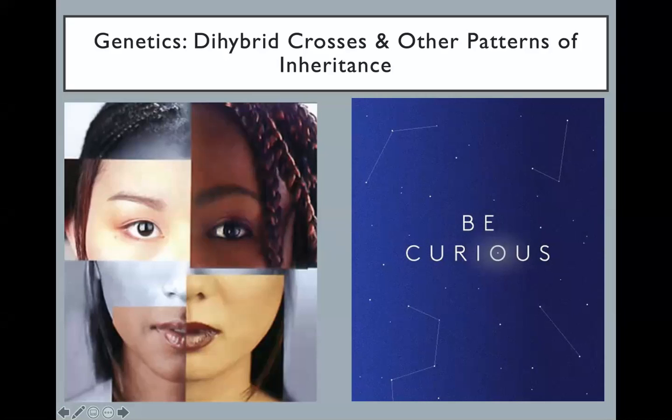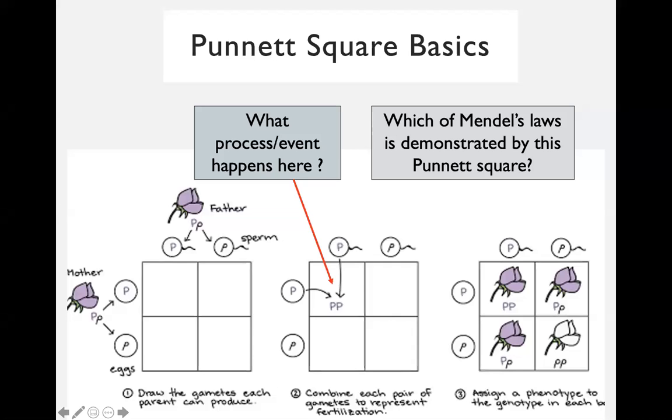I'm going to talk at first a little bit more about Mendel's laws. If you remember, Mendel had two laws that we looked at, the law of segregation and the law of independent assortment. And we're going to look at how that plays into the single character crosses and the two character crosses, which we haven't gotten into yet.